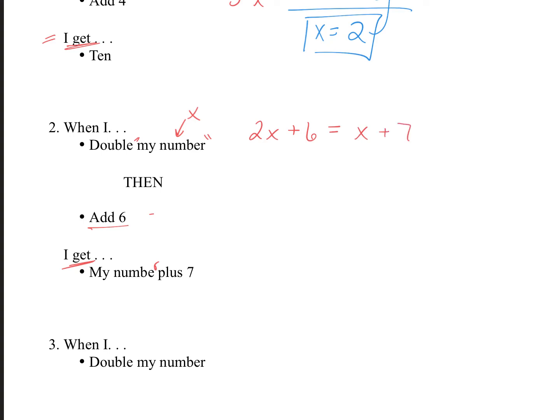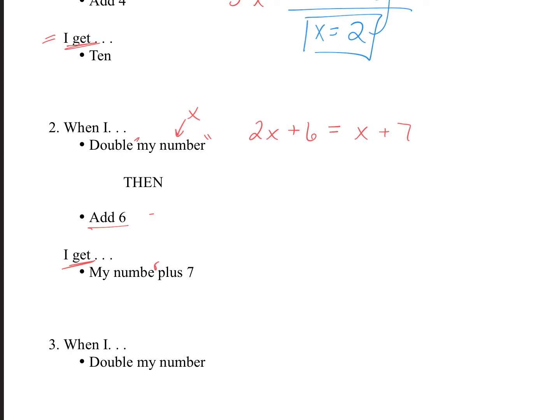So this problem's a little bit different because I have x terms over here, and x terms over here. In the previous problem, I just had x's on one side. But that's fine, okay? Handling that is pretty simple. So the first thing I want to do is move all my x's to one side of my equation.